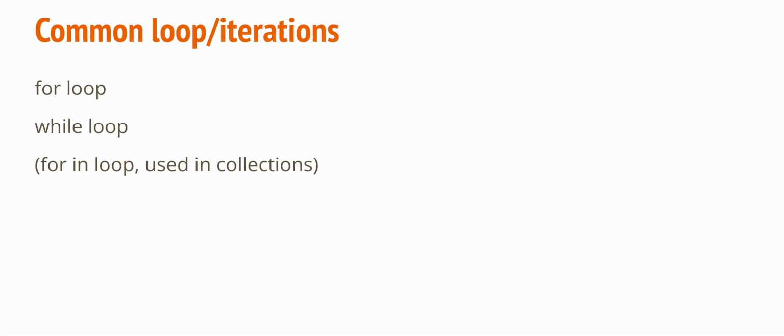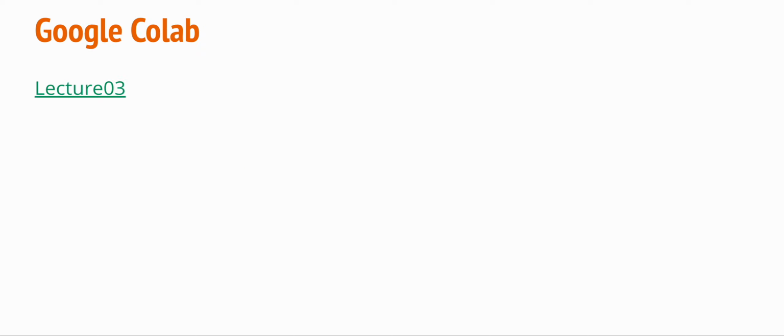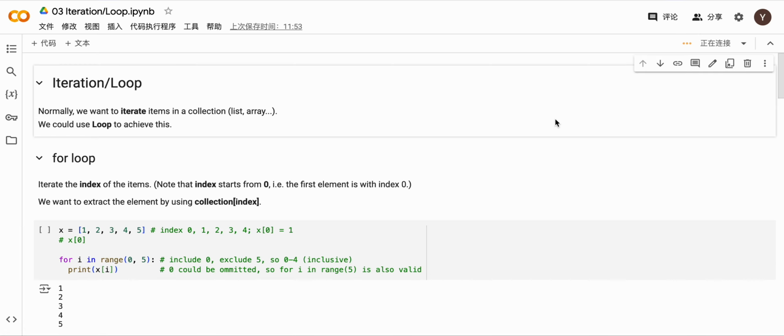But for loop and while loop, almost all the programming languages I've known so far will have these two types of loops. So okay, we could go through our lecture note for today. Normally we want to iterate atoms in a collection. As a review, a collection would be a collection of different types of values or a collection of the same types of values.